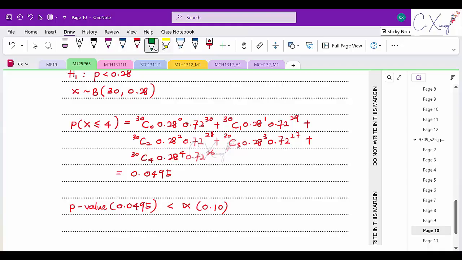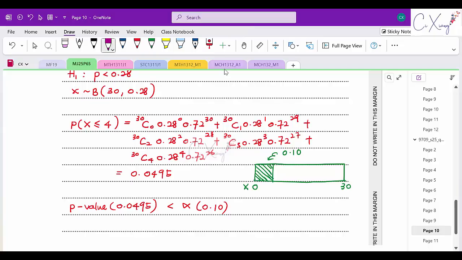If I try to visualize it using a not correct graph or diagram, binomial, right? So I'm having the value of the x start from 0 until 30. And then I know that my rejection region on the left and the area for this rejection region is 0.10. Then just now when we calculate the probability of x smaller equals to 4, the area that I get is smaller than the alpha.